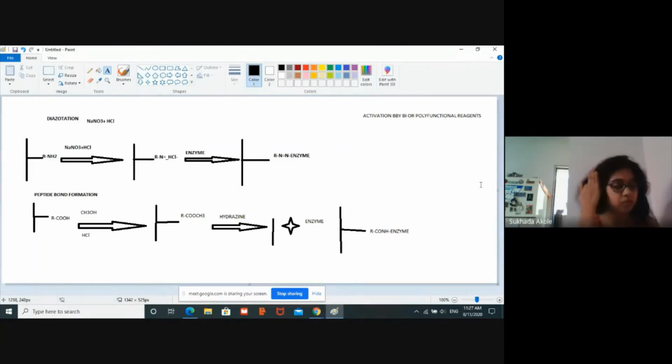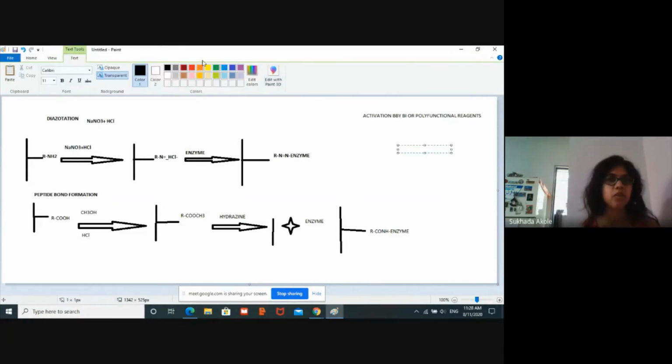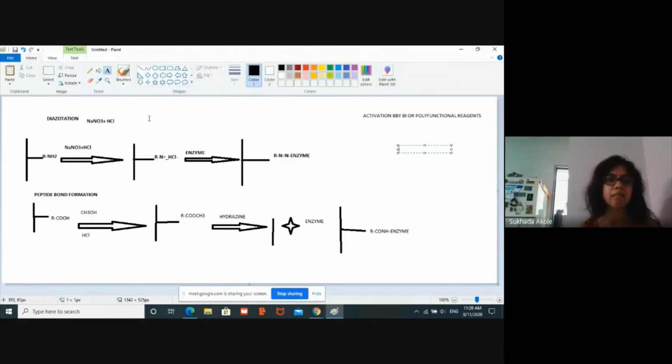So what we do is we take that support, we add to it glutaraldehyde. Then after glutaraldehyde, we simply add an enzyme such that now we will have a structure which looks like this. So this is my inert surface, okay?